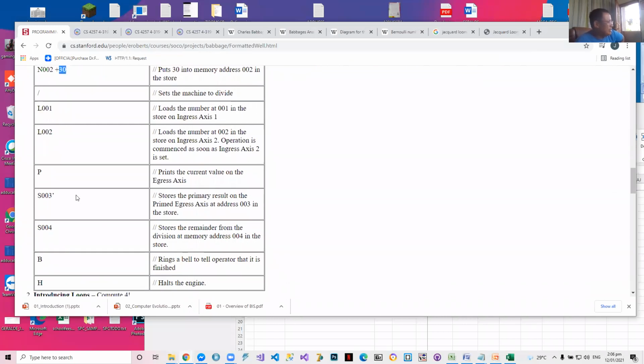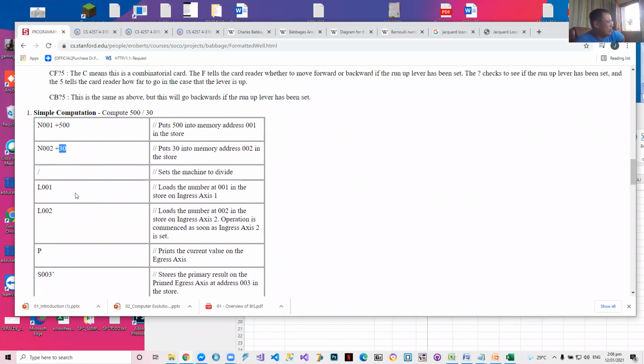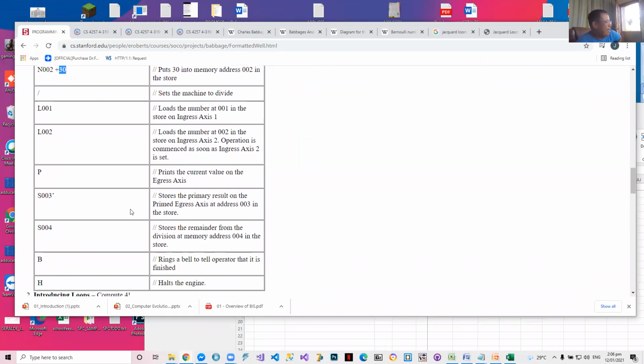S is a variable card, which means store. When you say L001, we load the number at 001 to ingress axis 1, and ingress axis 1 is the accumulator. L002: the first load goes to ingress axis 1, the second load goes to ingress axis 2. That's the sequence.